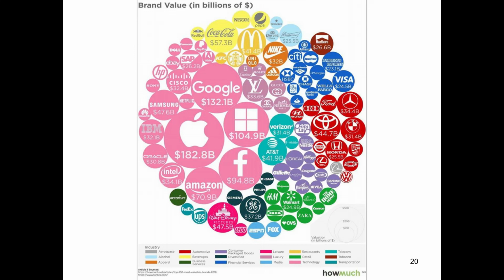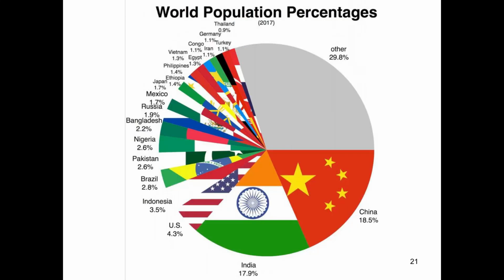We are very much surprised what the position is, and none of our Indian brands are coming in this diagram. Even Gillette company, Oracle, Samsung. Now world population percentages. India 17.9%, China 18.5%.